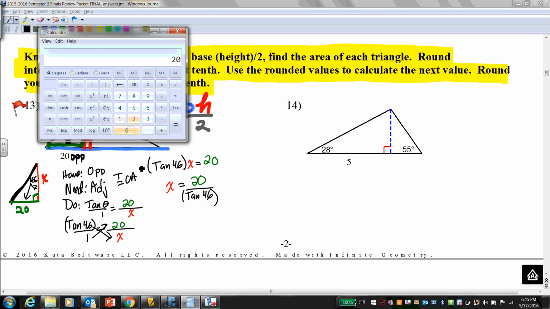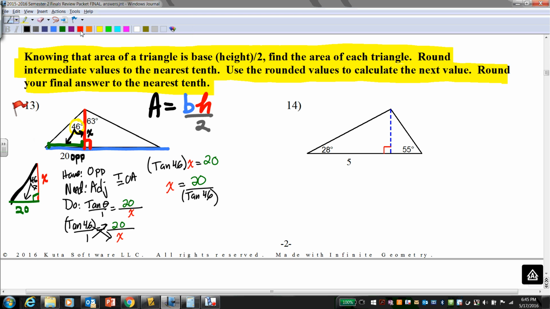So we're going to go 20 divided by the tangent of 46. We're going to round to the tenths place. We just figured that out is 19.3. Now keep in mind what you just found. You just found the height of the triangle, 19.3.